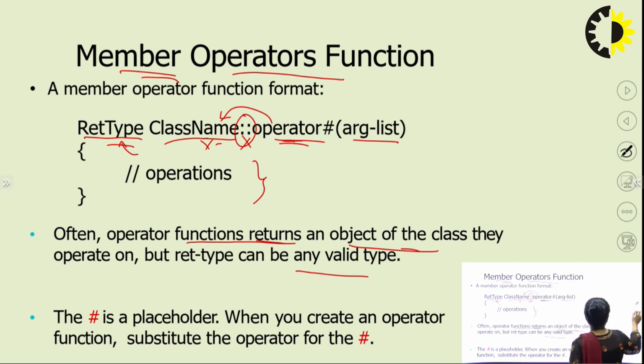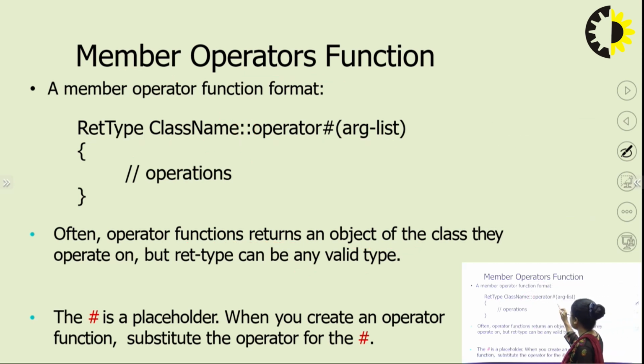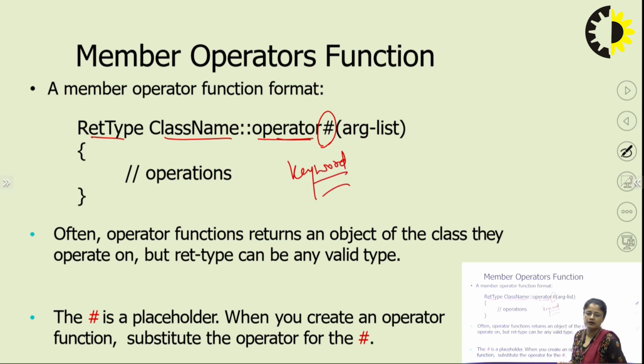Now, if you look at the syntax, we have to write the return type, class name, followed by the scope resolution operator, then the keyword operator. This is the keyword which you have to always write when you're overloading an operator, followed by hash. What is hash? Hash is the operator that you will be overloading.